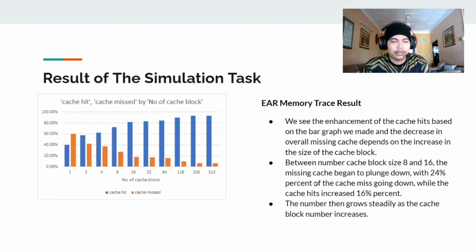Between cache block sizes 8 and 16, the cache misses began to plunge down, with 24% of the cache misses going down, while the cache hits increase 16%. The numbers then grow steadily as the cache block number increases. The number of cache hits still increases with the increasing number of cache blocks.